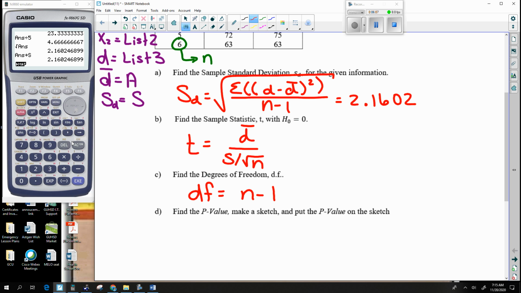So here we go. D bar, which is the average, divided by S, divided by the root of n, which is 6. Okay, this is our t value in this situation.